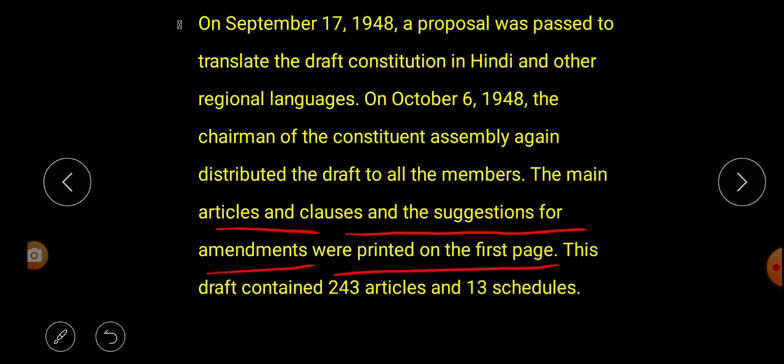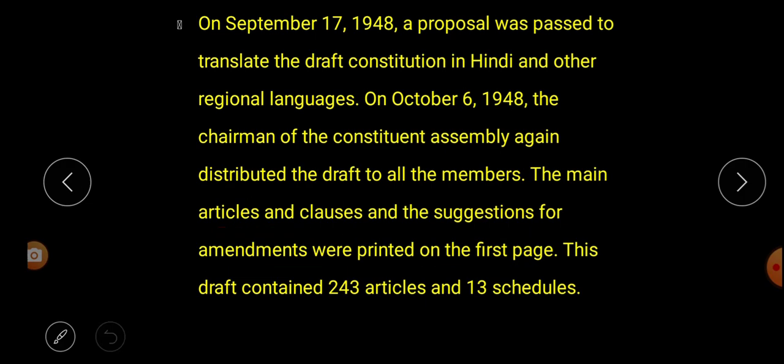What are amendments? The changes. So those were printed on the first page. Thereafter, this draft contained how much? 243 articles and 13 schedules. So in that draft, there were altogether 243 articles and 13 schedules.